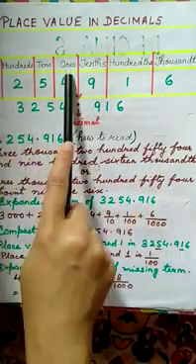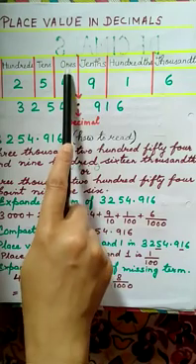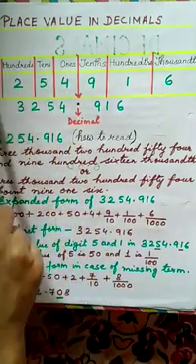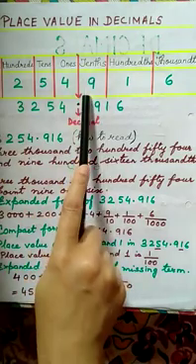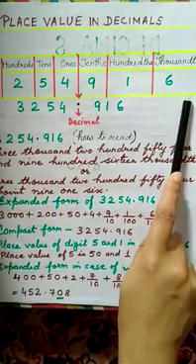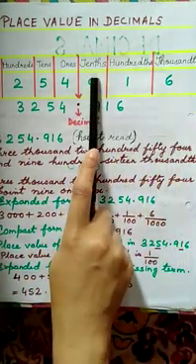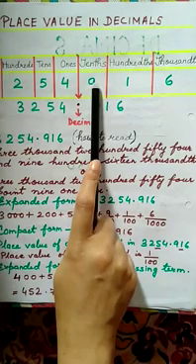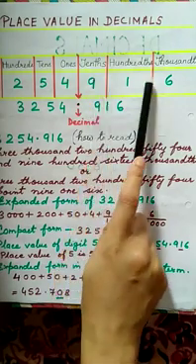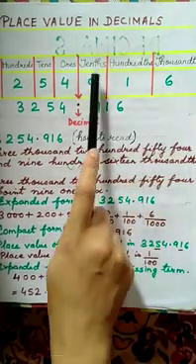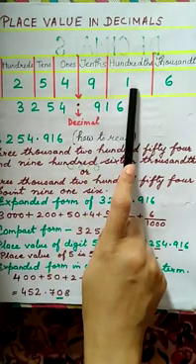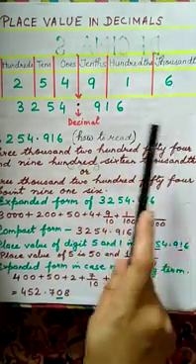So whole numbers, you already know the place values, that is ones, tens, hundreds and thousands. But for decimal fractions, we begin with tenths. We don't have a ones place. And we add THS with all the units. So this is tenths, hundredths, thousandths and so on.